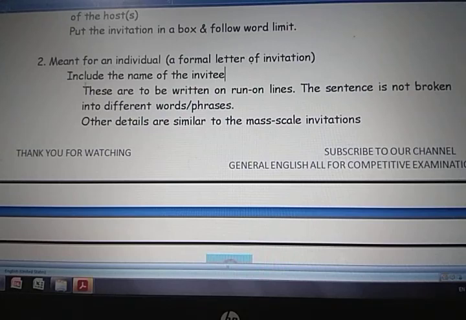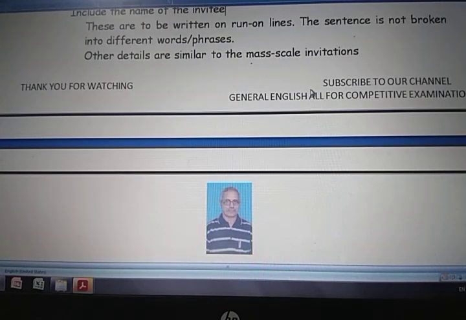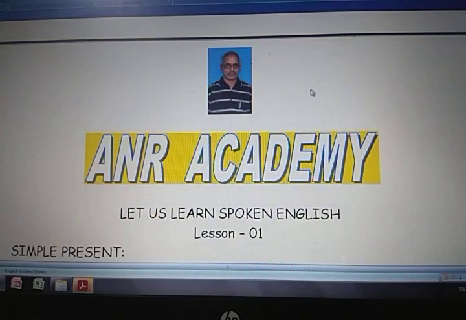And because it is a letter, you write in drawn-on lines. That means like a letter you write. And you need not to break the sentences also. Clear? So this is the format.